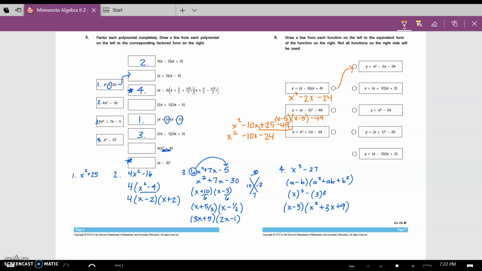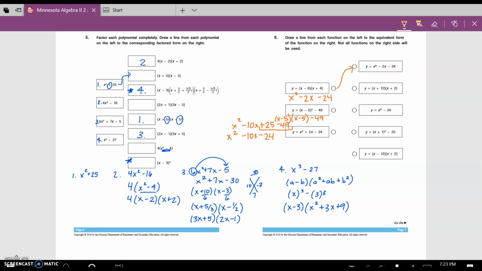But if you look at your answer options, and then you look at which ones make sense, okay, positive 12 times positive 2 isn't going to give me a negative 24. Okay, this answer choice doesn't have the middle part. This one doesn't have a minus 24.